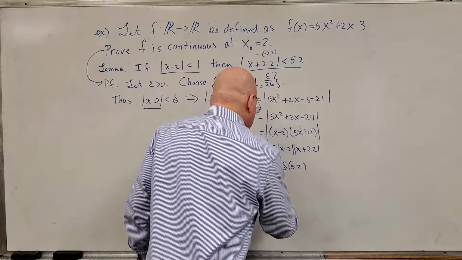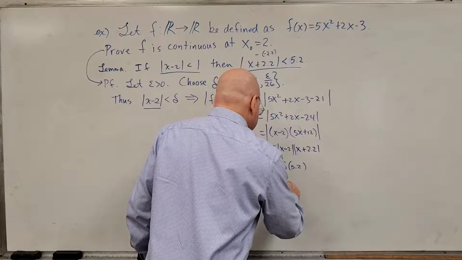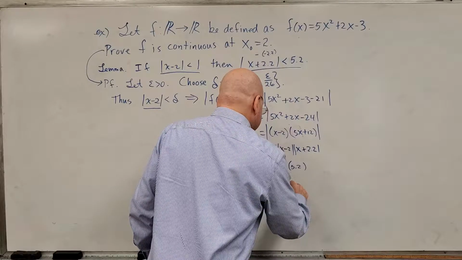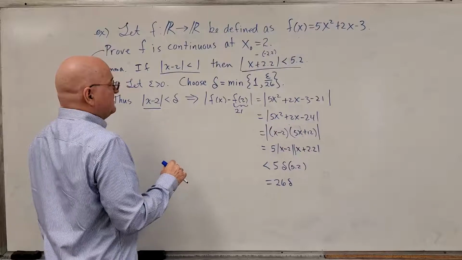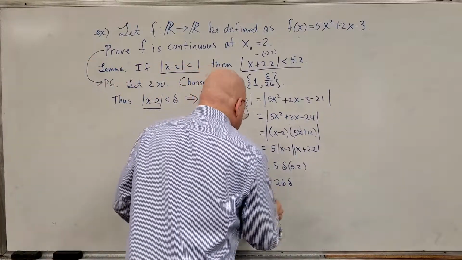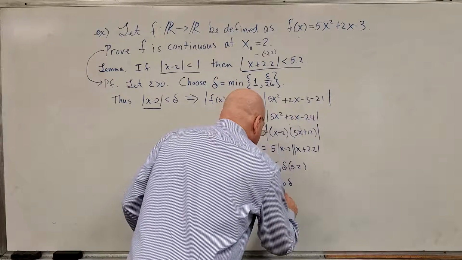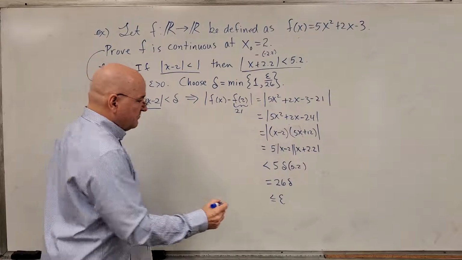And that is equal to 26 delta. And 26 delta is less than epsilon. I'll say less than or equal to epsilon. And that's the end of the proof.